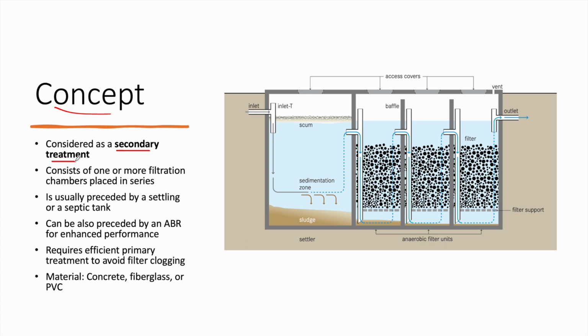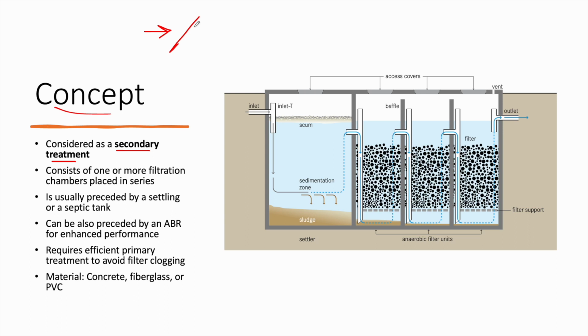So for those who are not really familiar with the wastewater treatment stages, we usually have a pre-stage, which is the screening. The wastewater would undergo screening. We will remove the very big particles like the branch of a tree or stone, for example.